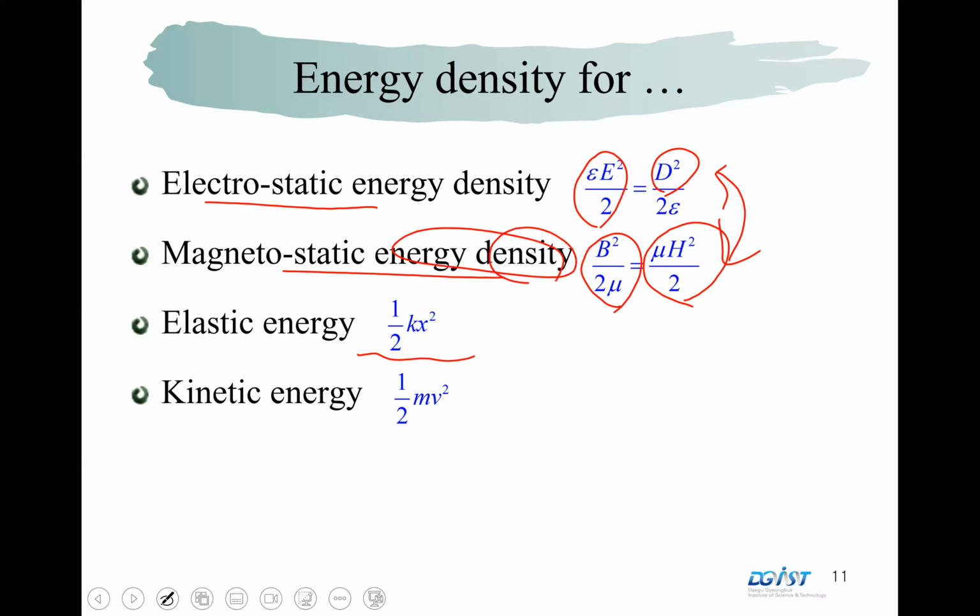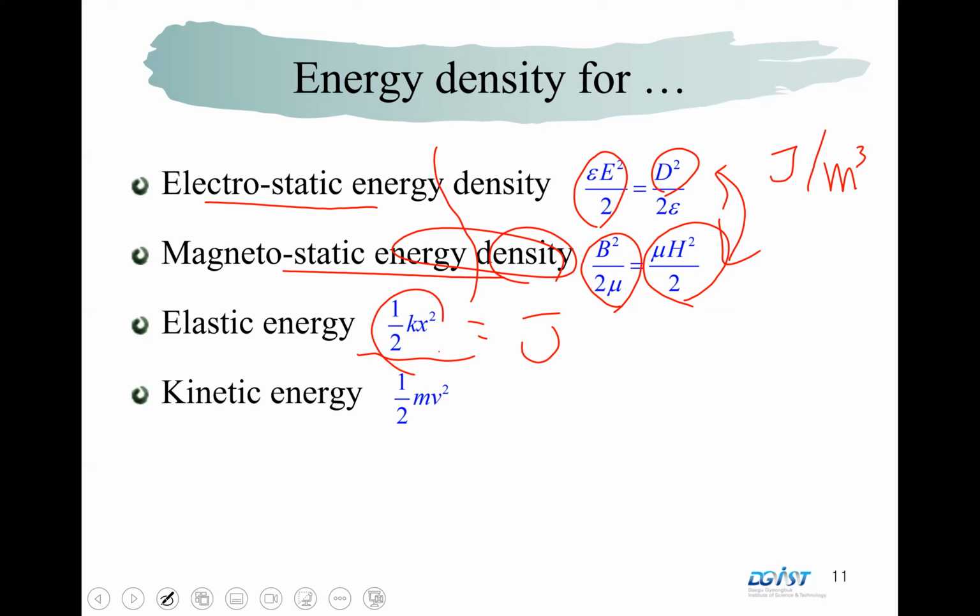But sometimes people say this is just magnetic energy or electrostatic energy. But the correct meaning is that this is energy density, so the unit is joule per meter cubed. Sometimes there is a big difference.